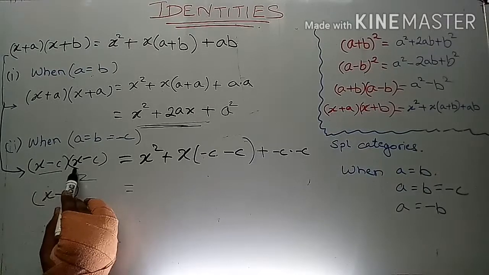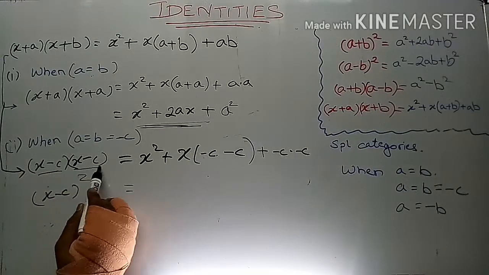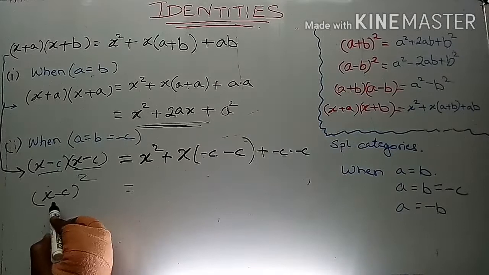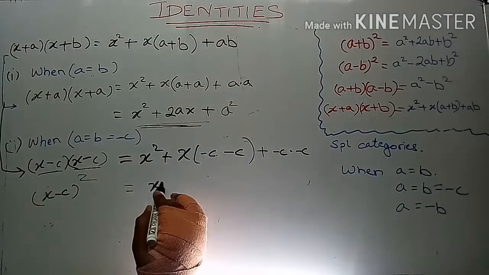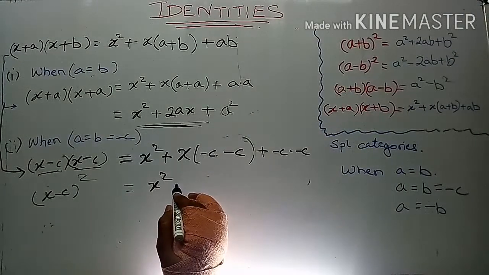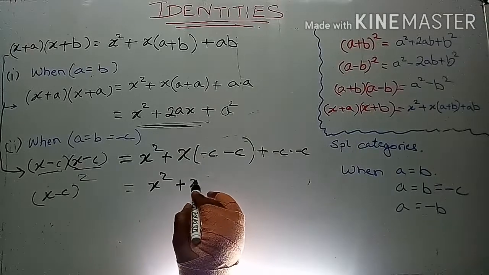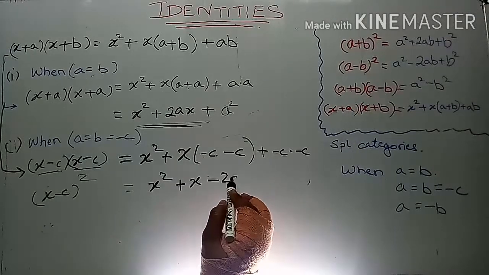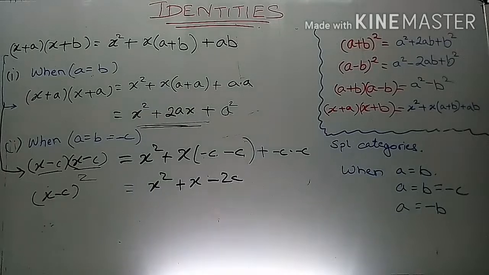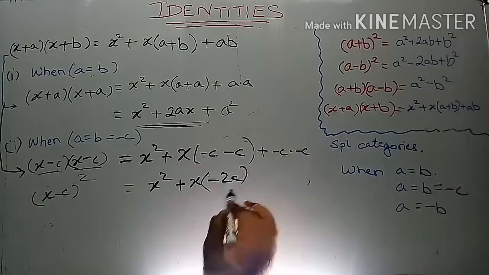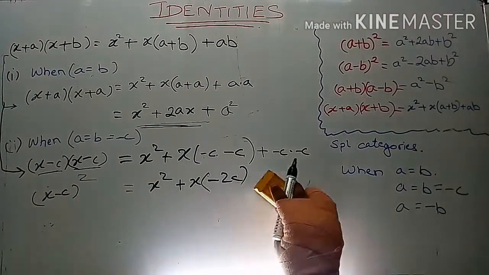The same expression or binomial multiplied by itself gives you the binomial square. It gives me x square plus x into minus 2c, minus 1c, minus 1c. You need to be very good at addition and subtraction of integers over here. So this becomes minus 2 into c.